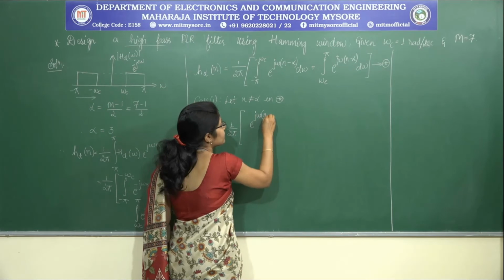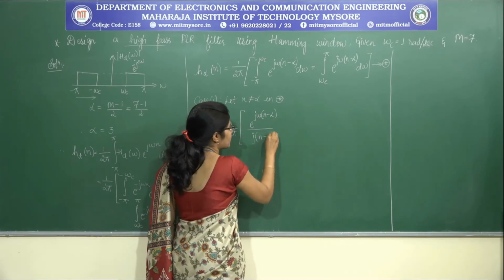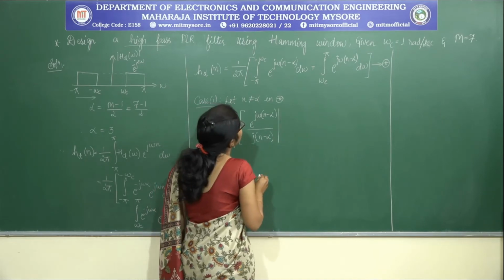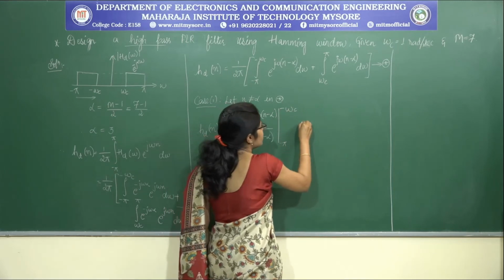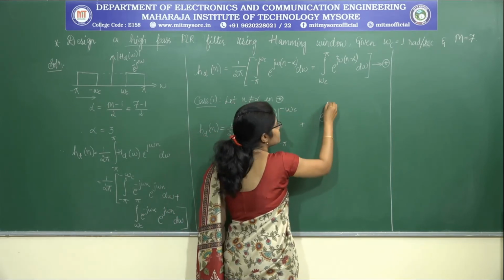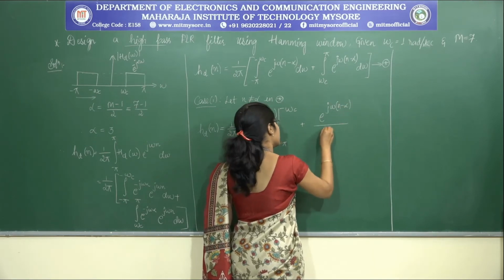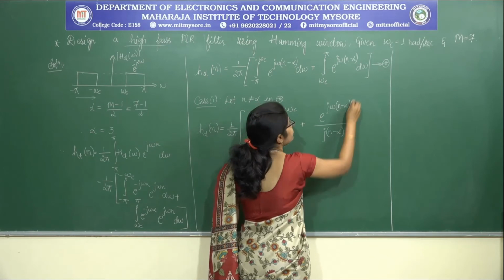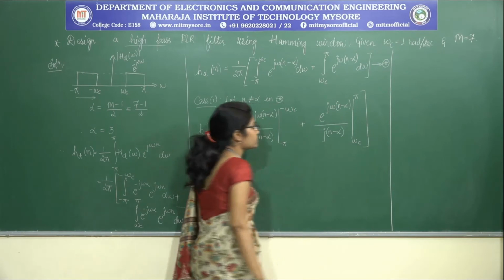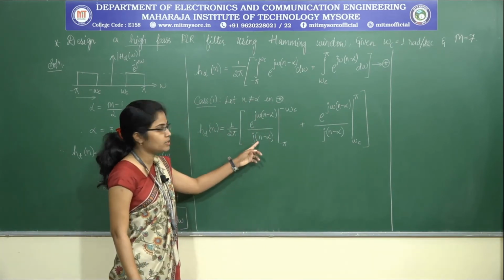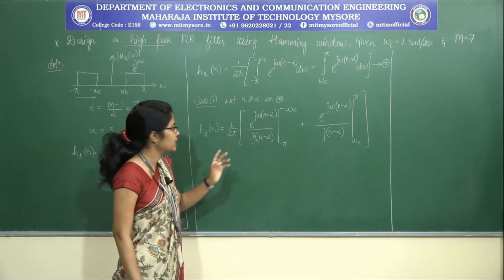e^(jω(n-α)) divided by j(n-α) under the limits -π to -ω_c, plus the second term, integrating gives e^(jω(n-α)) divided by j(n-α) under the limits ω_c to π. Okay. Now I can take j(n-α) as a common factor from both terms and then start substituting the limits.